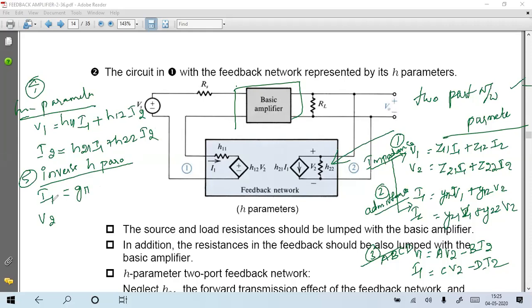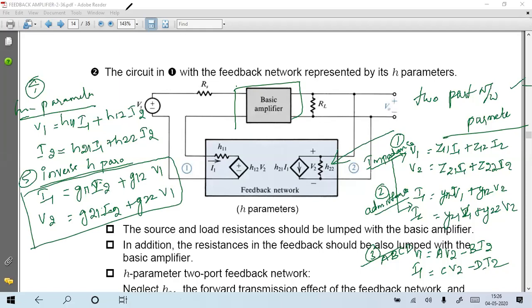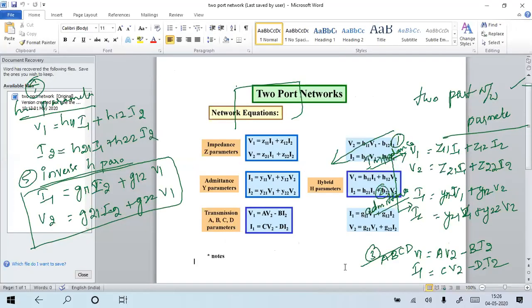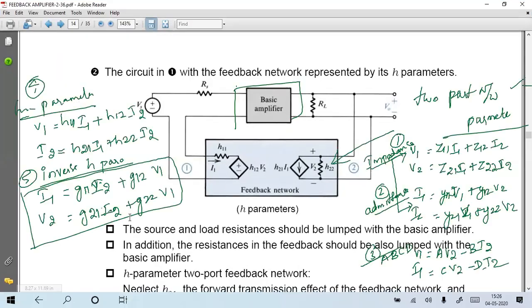I1 equals G11 V1 plus G12 I2, and V2 equals G21 V1 plus G22 I2.